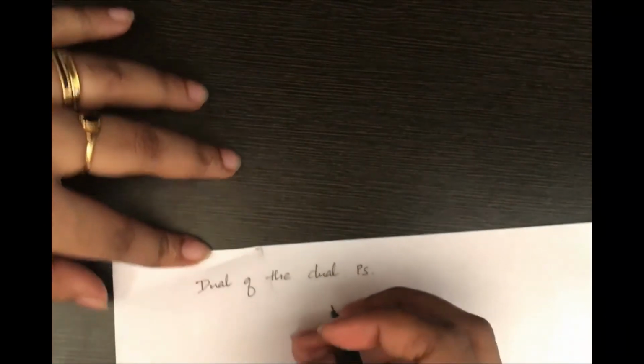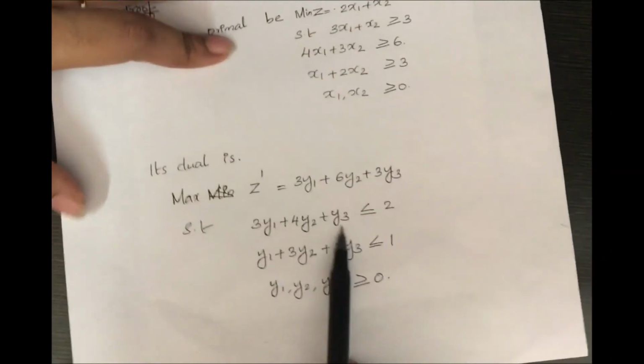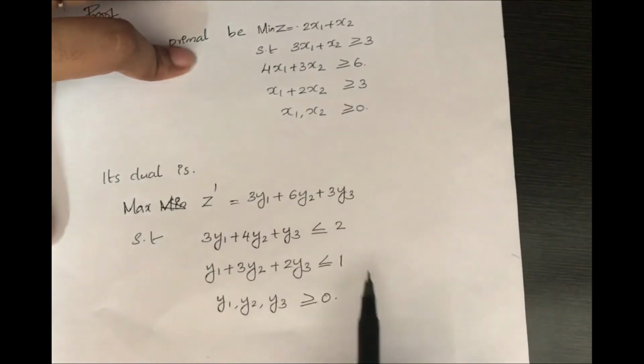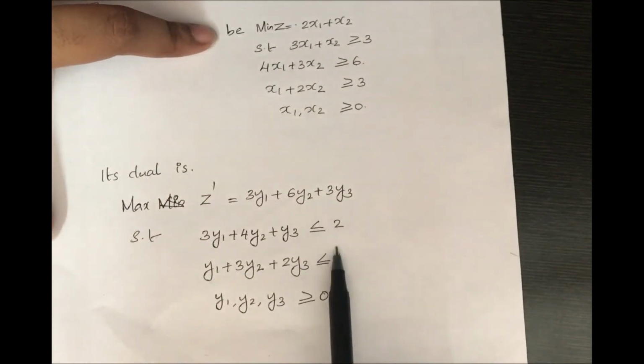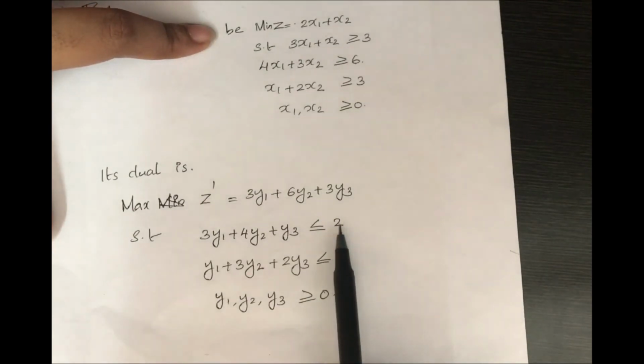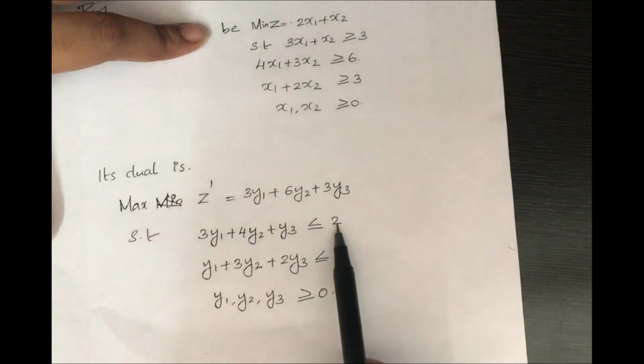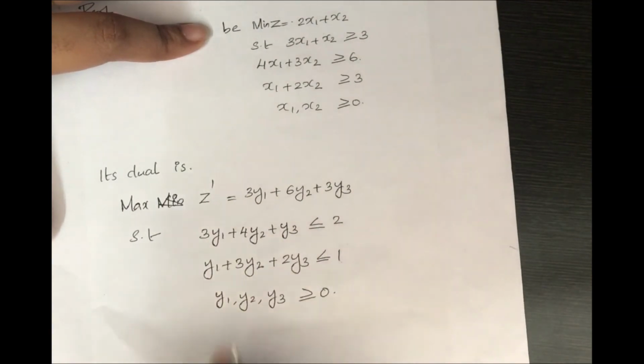So the dual of the dual is: this dual has these right hand sides, so these will be the coefficients in the cost function. That is, I am setting another set of variables z. 2Z1 plus Z2.